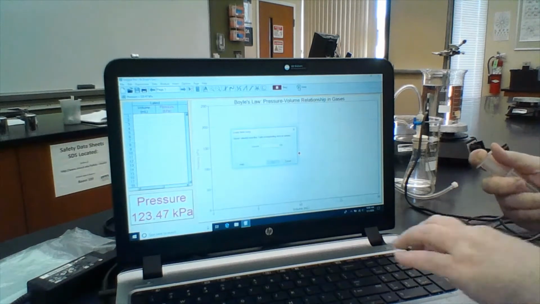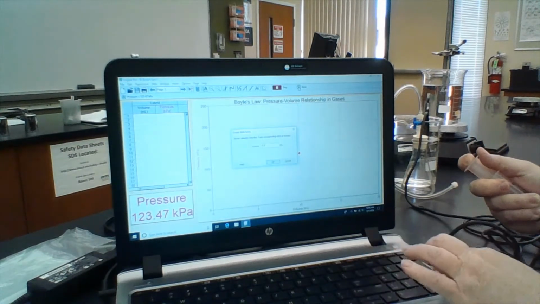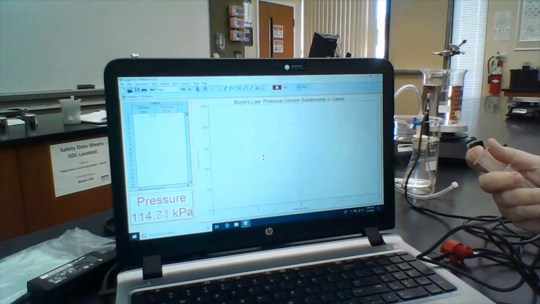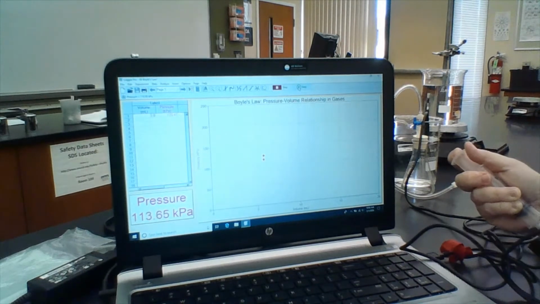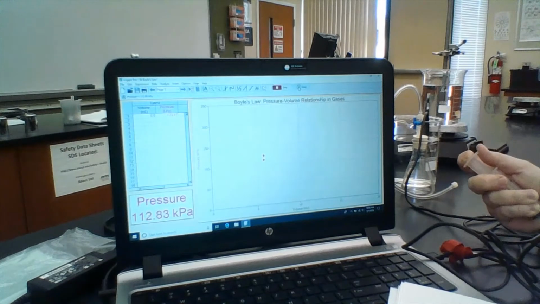And I'm going to put in 5.8 because I'm adding the amount for the dead volume in the sensor.